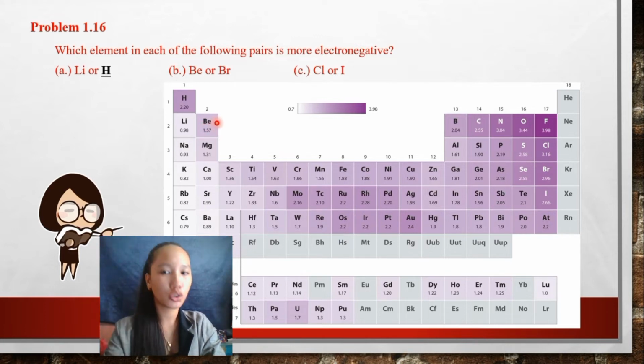Again, comparing the two elements, we can see that Br is more electronegative than Be. You can see here that Br has a greater value than Be. Therefore, our answer is Br.